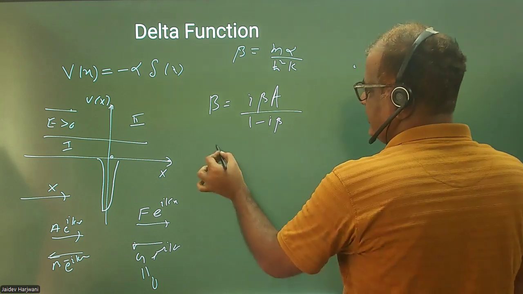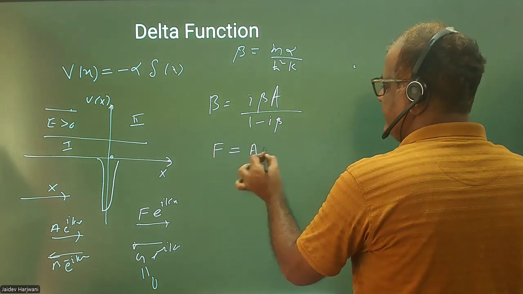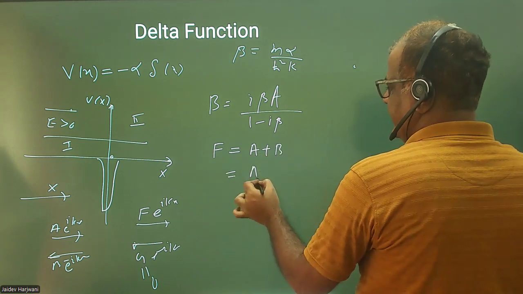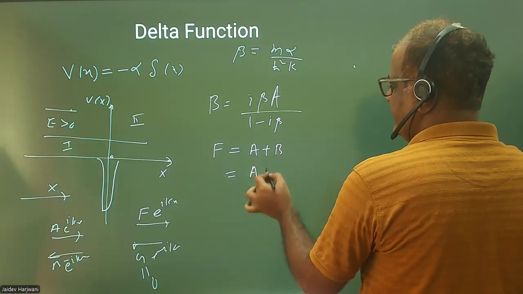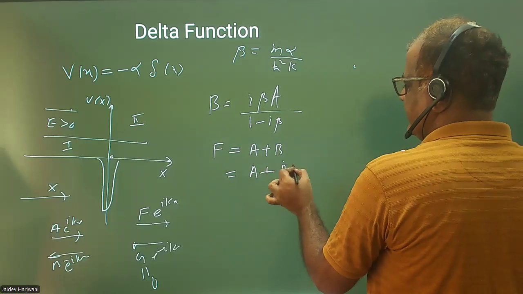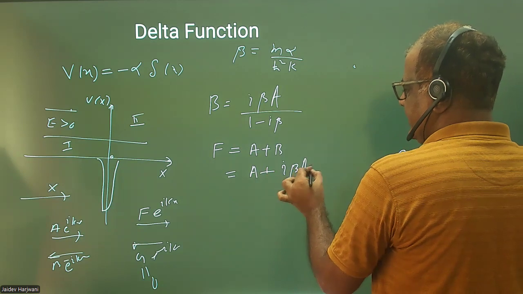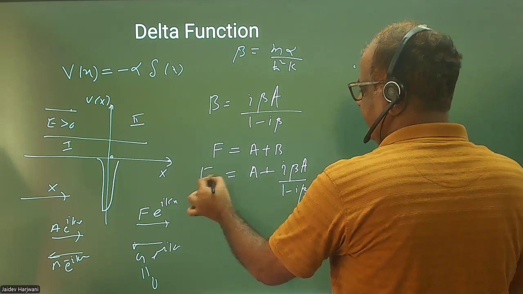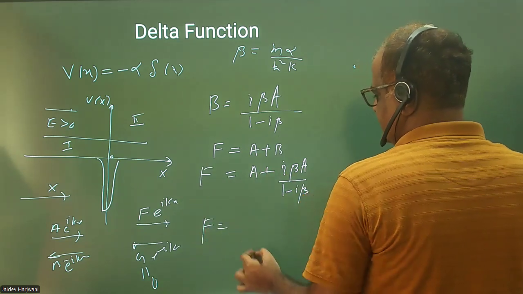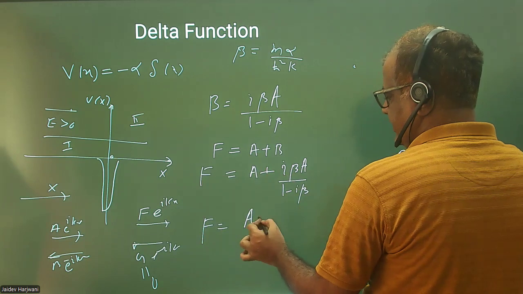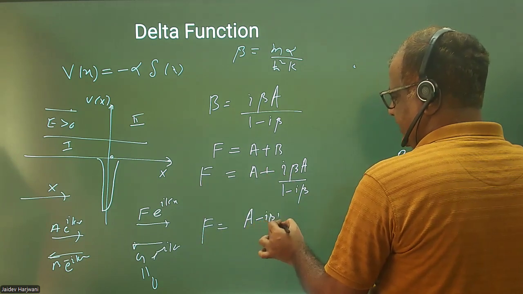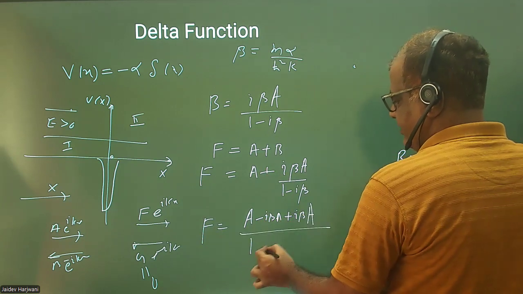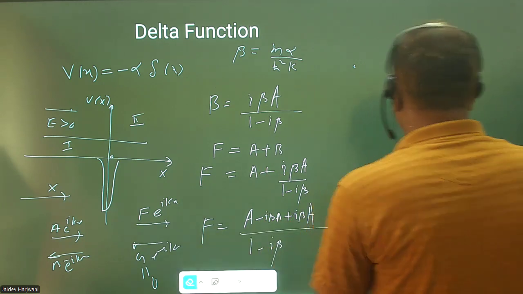Similarly, now I know f is equal to a plus b. So now I have a, I want to remove b, so b is equal to iota beta a upon 1 minus iota beta, and this gives me a plus iota beta a upon 1 minus iota beta.